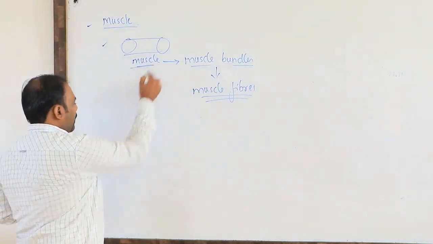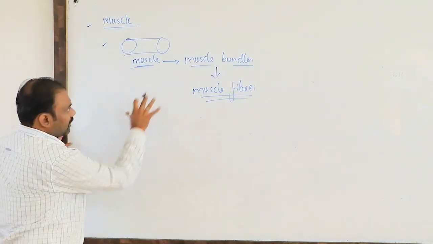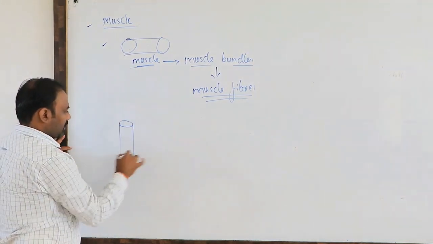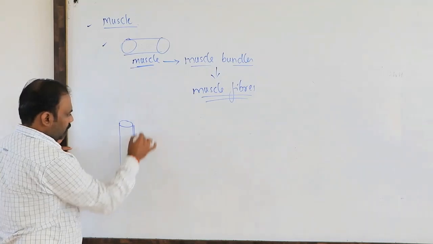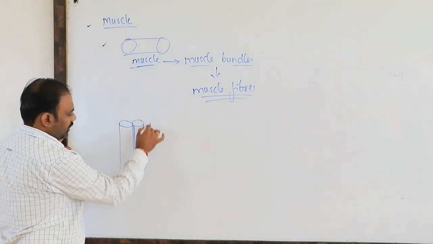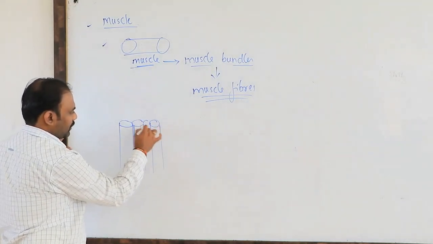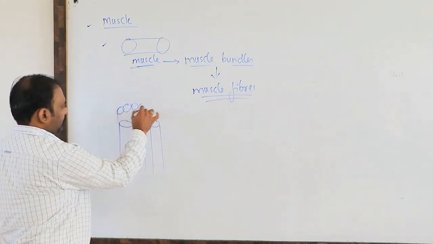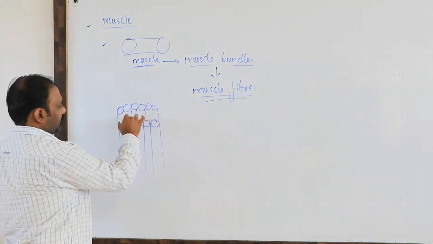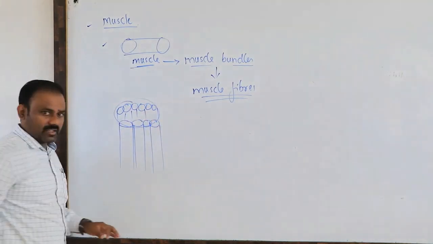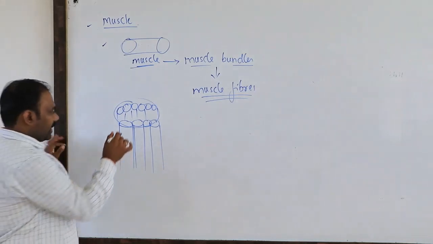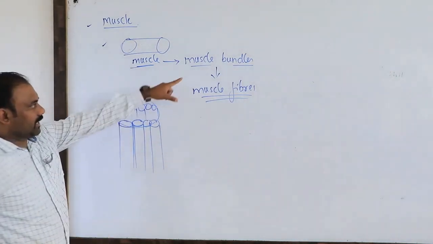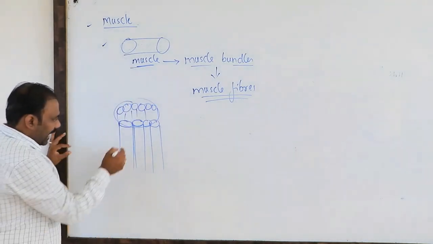In a muscle, it is made up of muscle bundles. For example, here we have one muscle bundle, very close to it we have one more muscle bundle, and again one more. So the whole is considered one whole muscle, and each and every one in it is considered a muscle bundle. Clear?